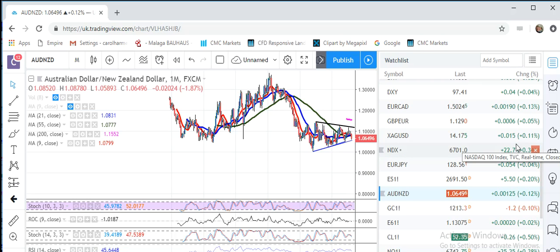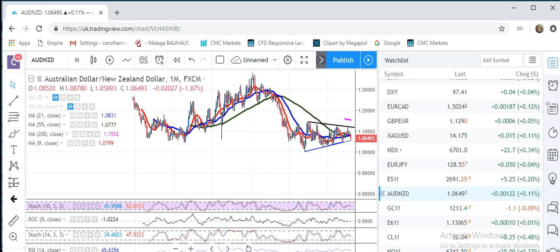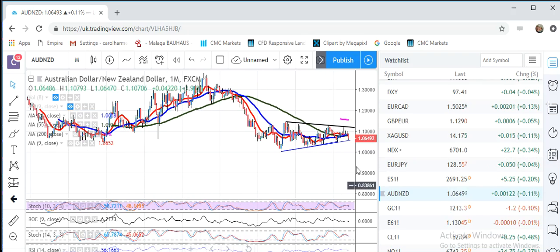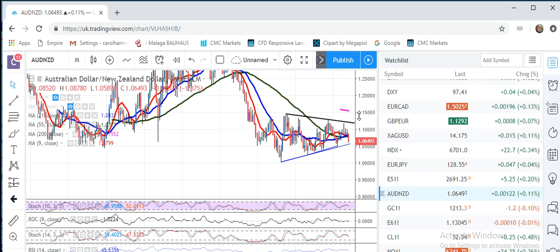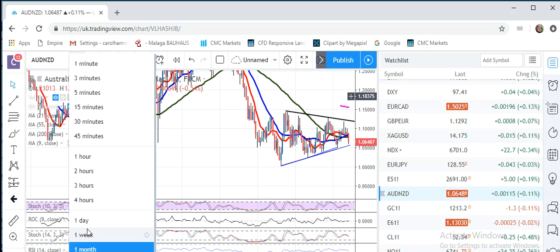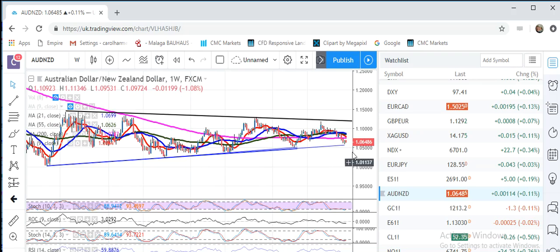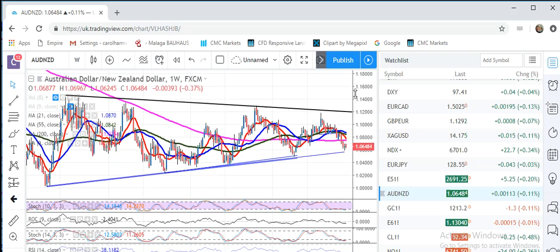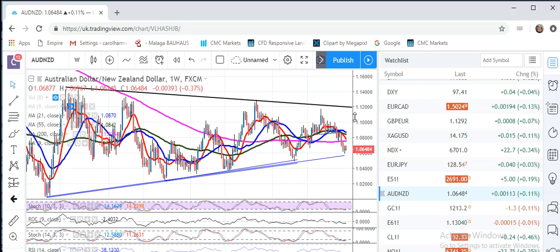Kiwi is outperforming every currency across the board. Don't forget that. It really is. And there's no reason to suspect that this is going to change. So there's your little monthly view, and there is that in the weekly time frame.